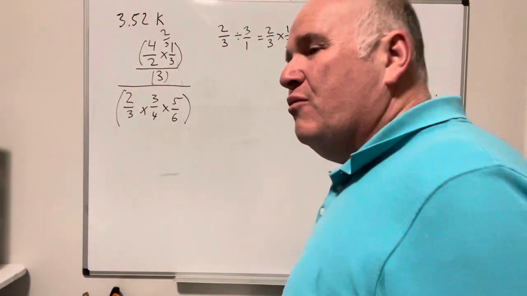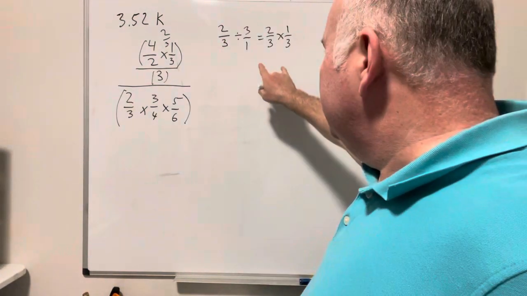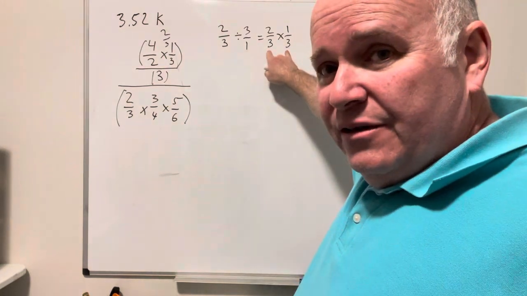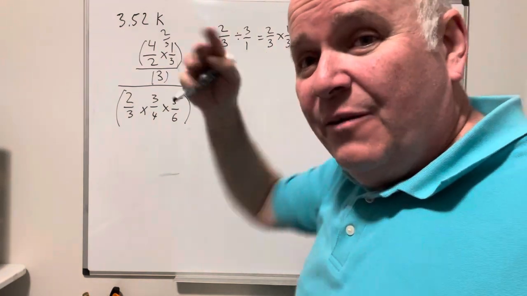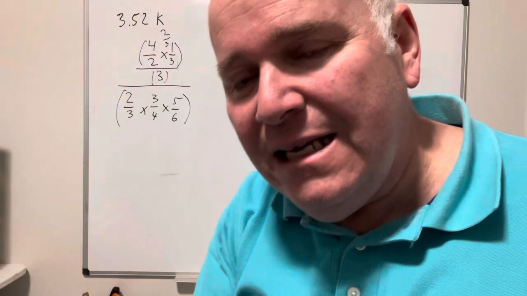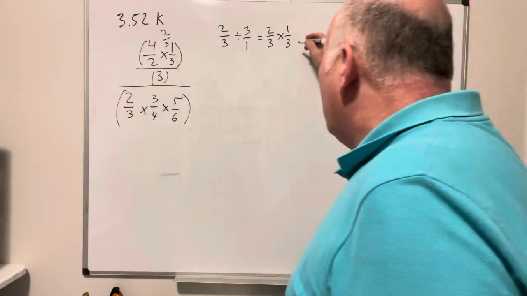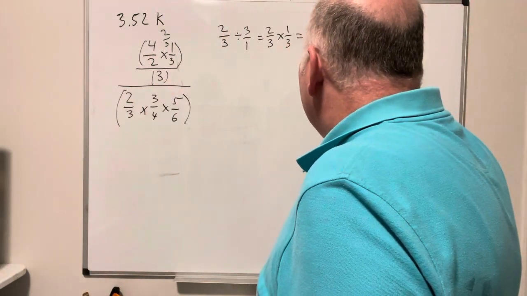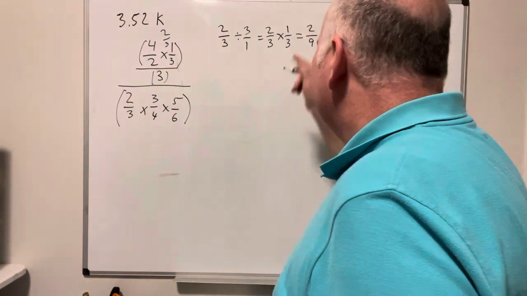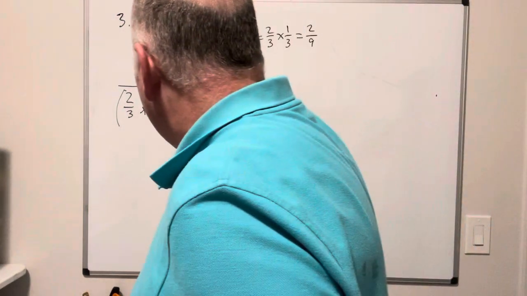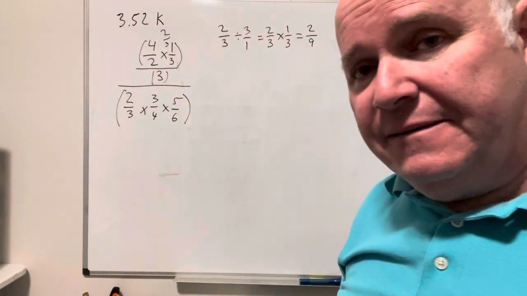Now this is really important because sometimes it's really easy to look at the denominators and see that they're the same, and you automatically think addition. This is not addition, very important. So you multiply it out, and you have 2/9. So this whole thing here is 2/9, okay?